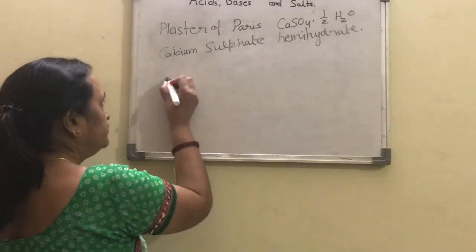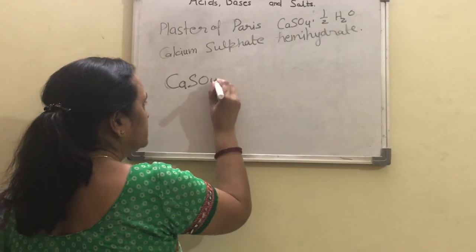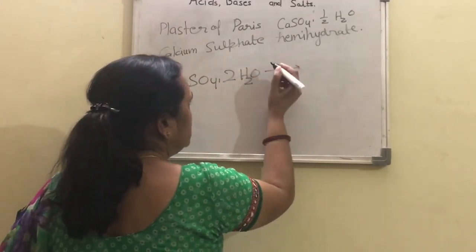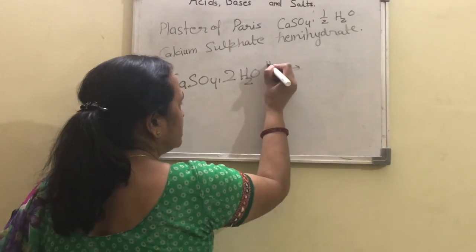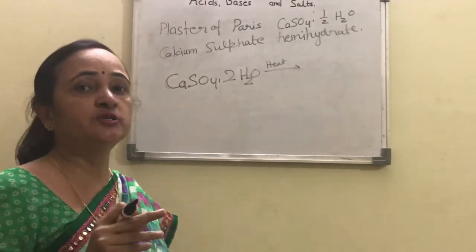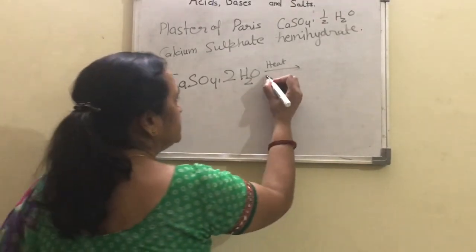So as I told you that the formula for gypsum is calcium sulfate dot 2H2O. So when we heat, so you can write heat, and here some specific temperature is there. For heating gypsum we need 373 Kelvin.